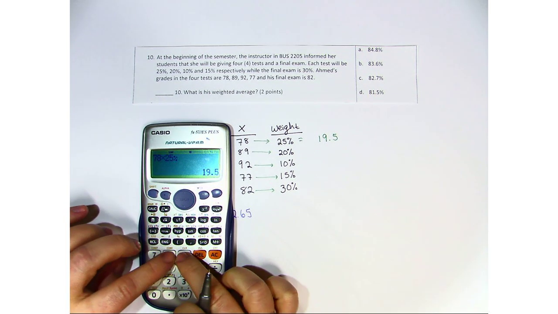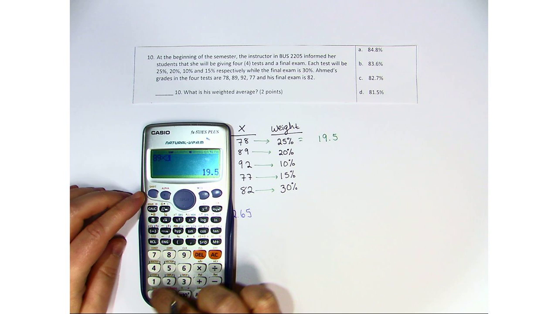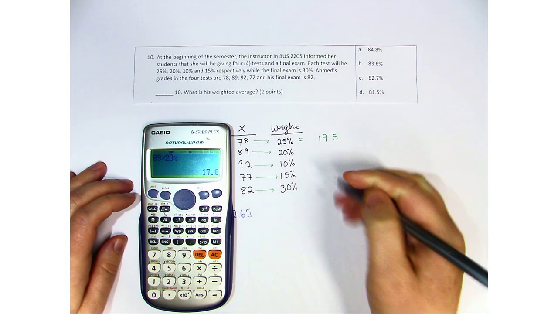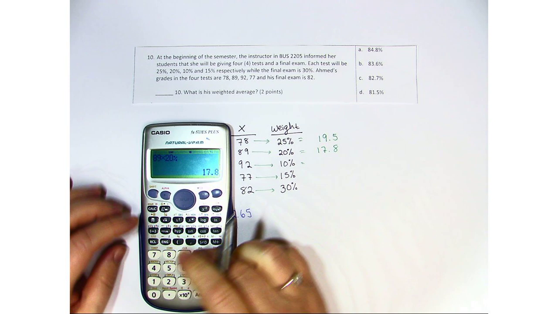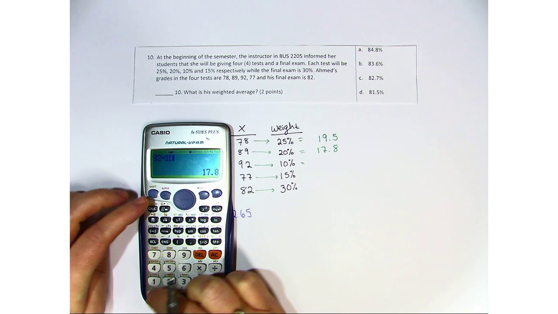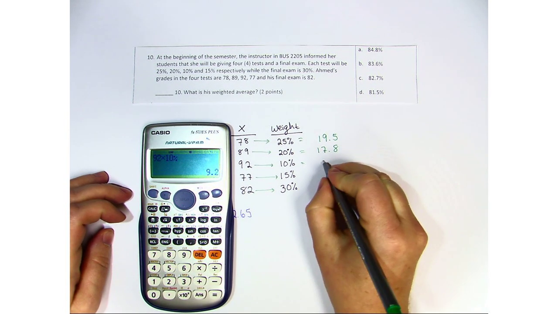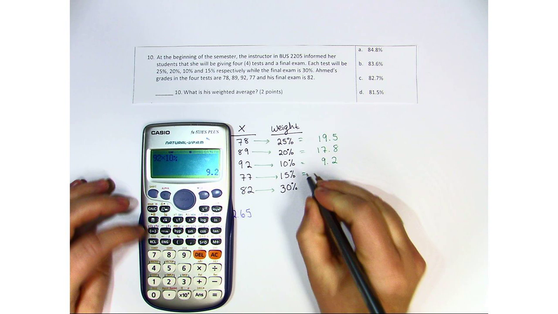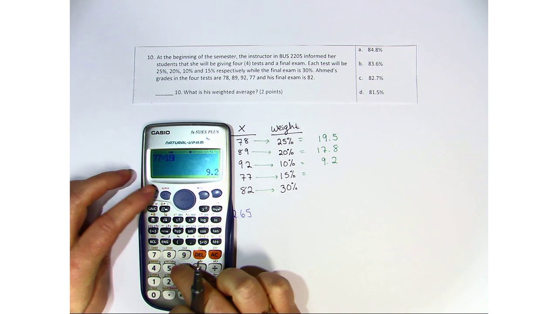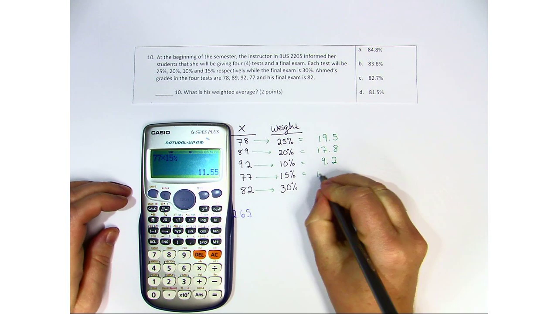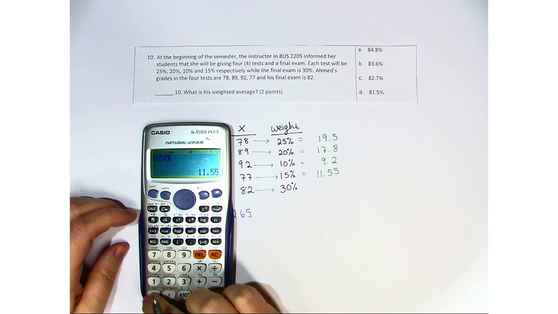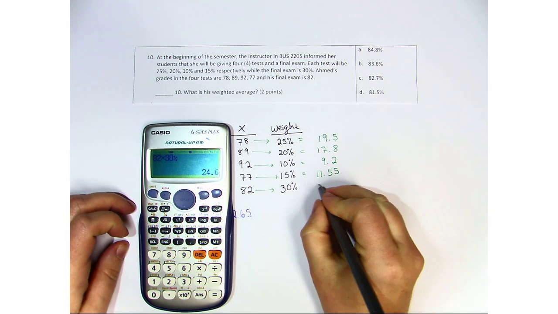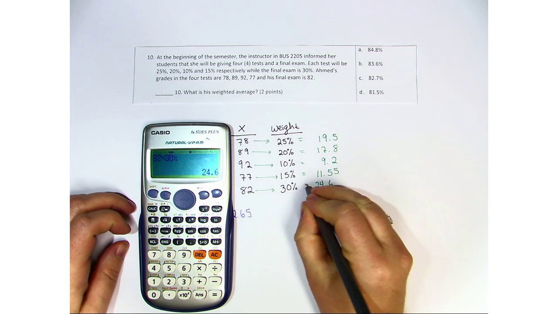And we're going to do that with each of these. 89 times 20% is 17.8. 92 times 10% is 9.2. 77 times 15% is 11.55, and 82 times 30% is 24.6.